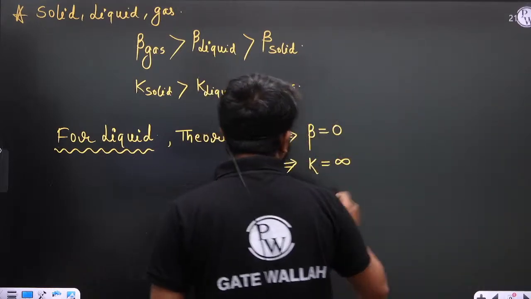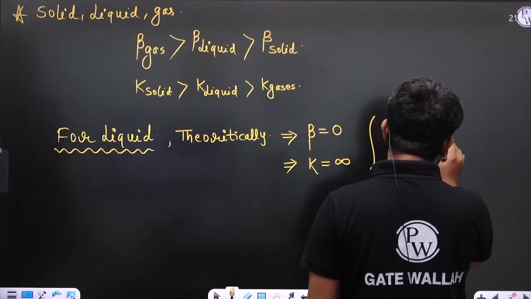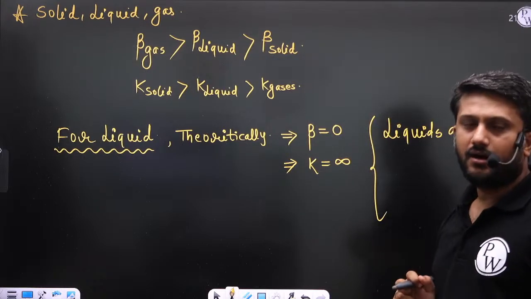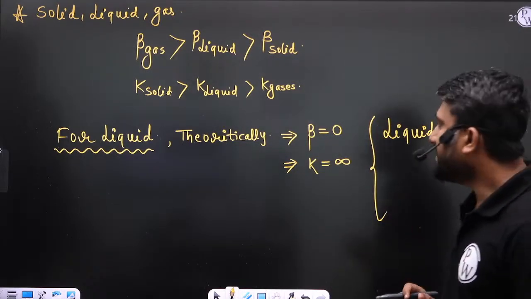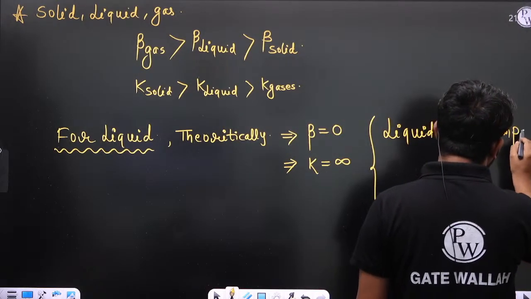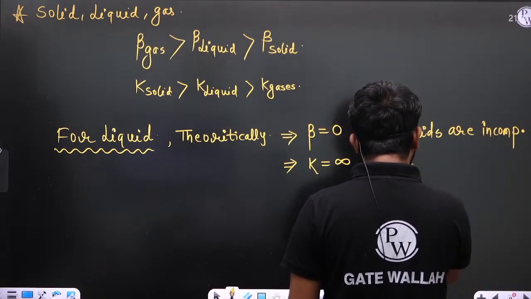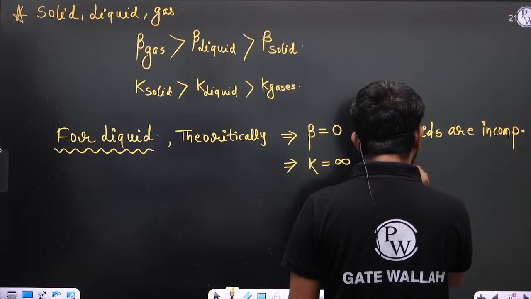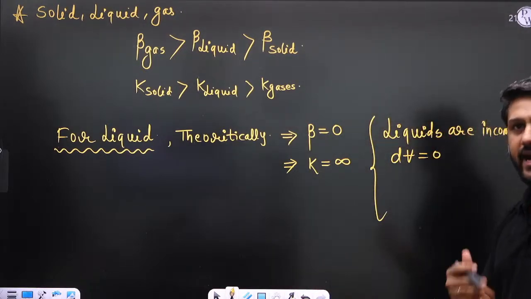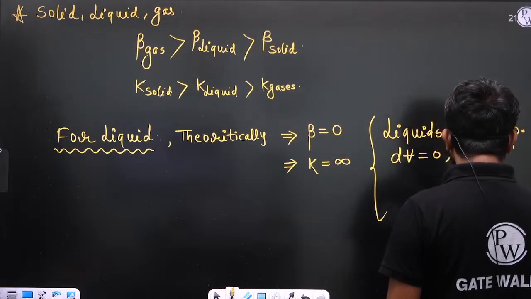So in a theoretical way, the compressibility for liquid is 0 whereas the bulk modulus is infinite, because we know that liquids are incompressible. Remember, example of water. Generally, we treat liquid as incompressible. If liquids are incompressible, then the change in volume is zero and the change in density is zero.